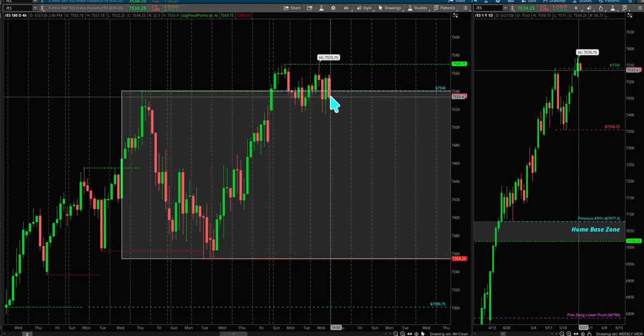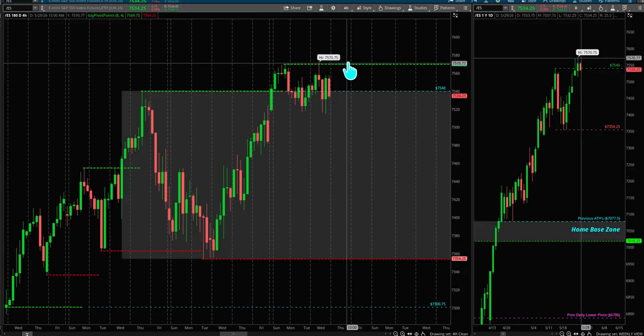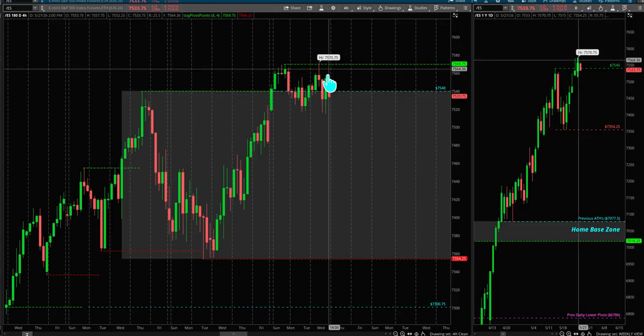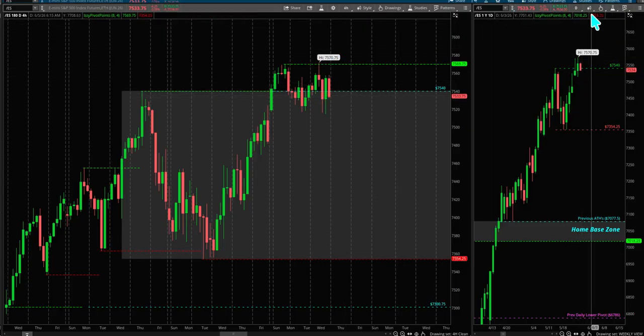Best case scenario for bulls is we continue to maintain above here, and we need to see some follow through above 75.69, get a full breakout going.